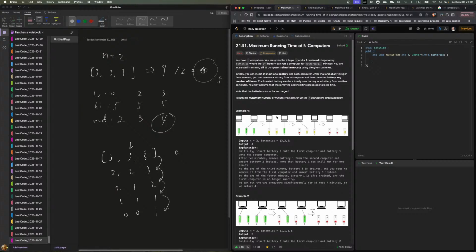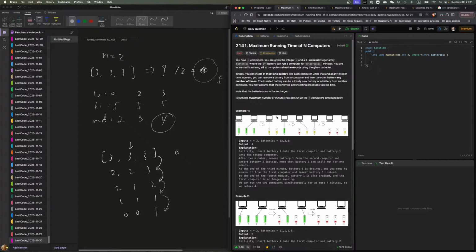Yeah, so the number of batteries has to be larger or equal to the number of computers, right? And then we have the largest. So yeah, that's one, and then the sum has to be also bigger or equal to what we need. And then I have a couple of conditions.